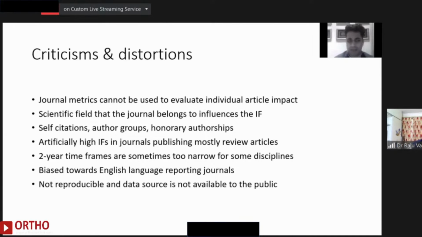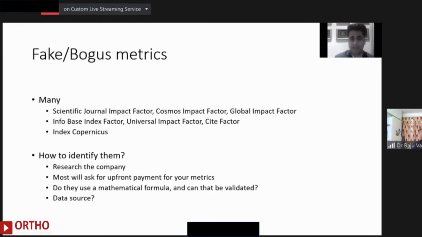Apart from that, the 2-year time frames are sometimes too low, which is why 5-year time frames are required. Another problem is that they are biased towards English language reporting journals. And unfortunately, if you ask these impact factor calculating sites like the Web of Science or Scopus, they are not able to show you the data source, and they cannot reproduce their impact factor easily for the public. So there have been a lot of criticisms of these metrics.